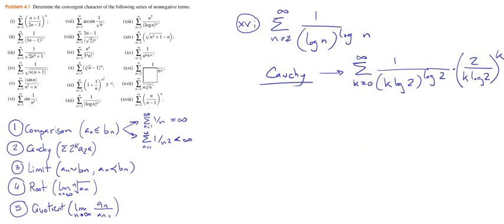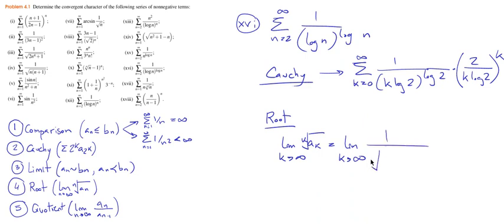And in order to check the convergence of this, we have something that's to the k. So we use the root test. Okay? The root test for this is the limit when k goes to infinity of the kth root of a sub k, so the limit when k goes to infinity of the kth root of all of this. So we have 1 over the kth root of k logarithm of 2, all of this to the logarithm of 2.